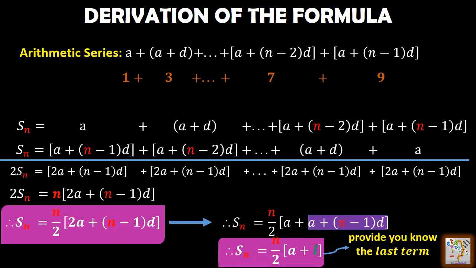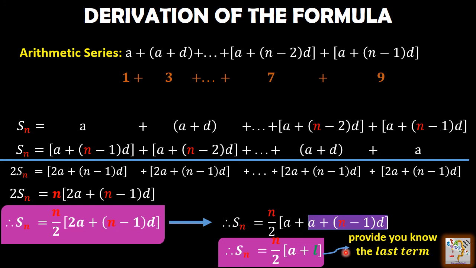Now these are the two formulas that we have derived. The formula to determine the sum of a number of terms of an arithmetic series is given by Sn is equal to n divided by 2 into 2a plus n minus 1 into d, provided the series is infinite.